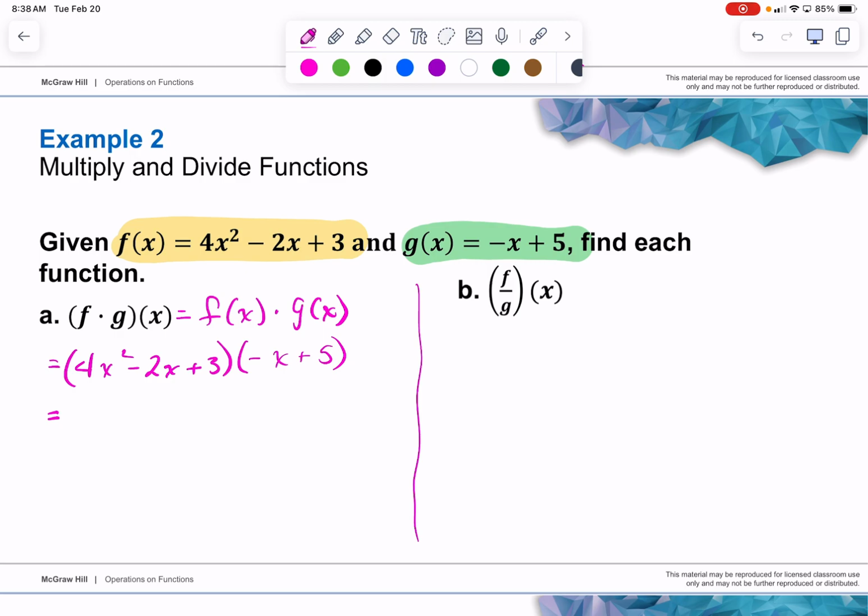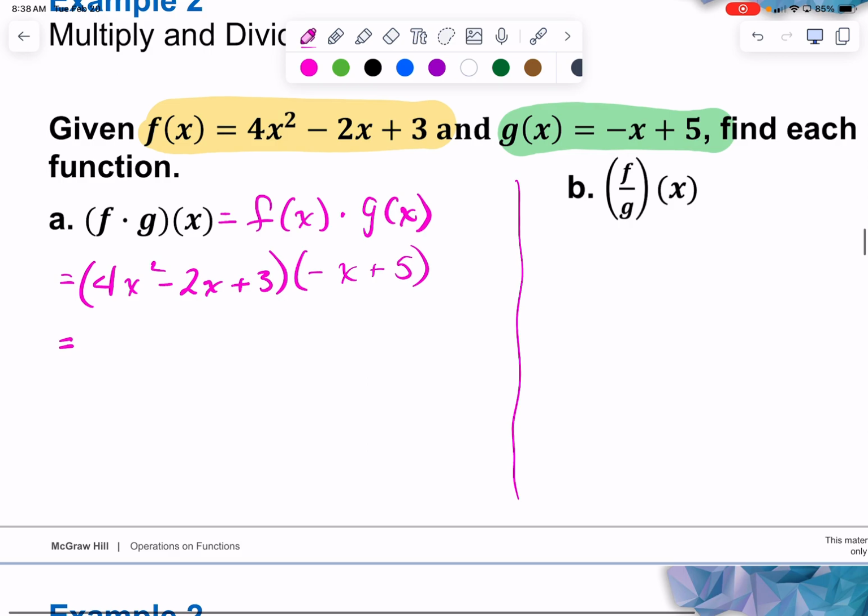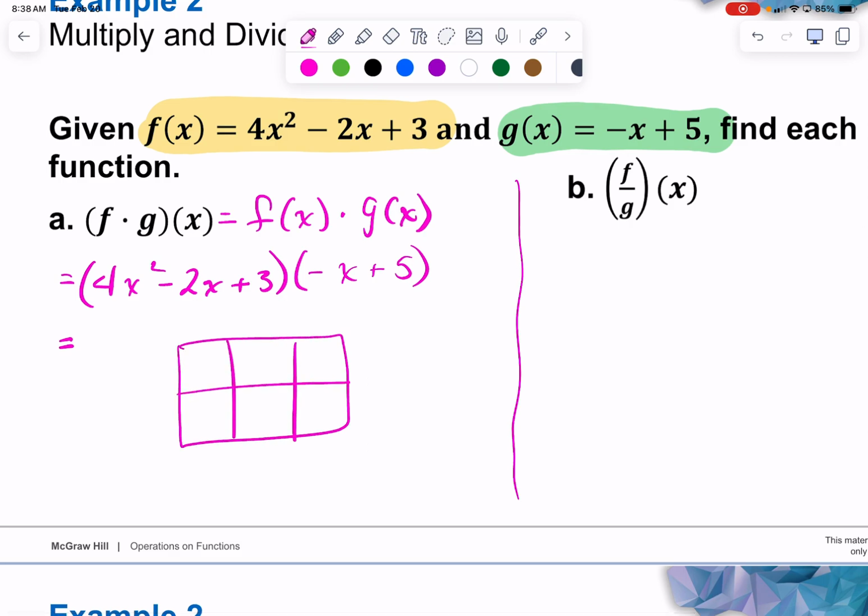Now, if you wish to use the area model here, the box method, that's a great way to avoid losing some terms. So 4x squared times negative x is negative 4x cubed.